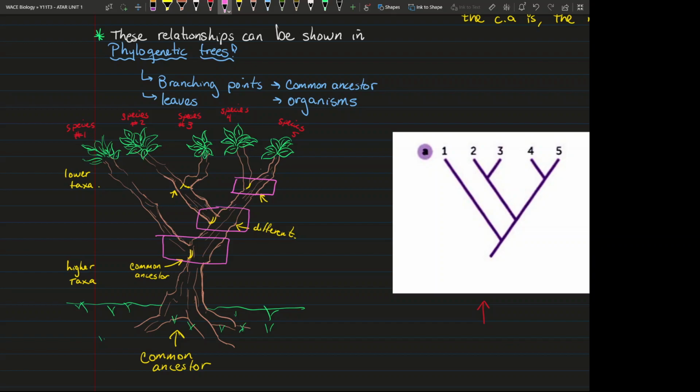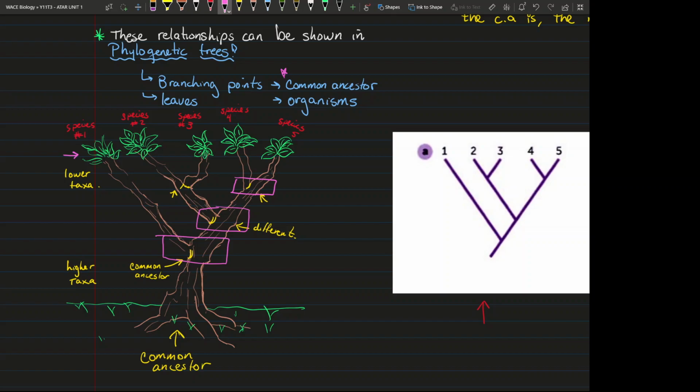And these branching points are the location where you have common ancestors occurring, a common ancestor that is giving rise to two new species. The leaves that you see at the top are basically the current species that are existing today, right? And I drew several leaves because really that species is a whole population, right?